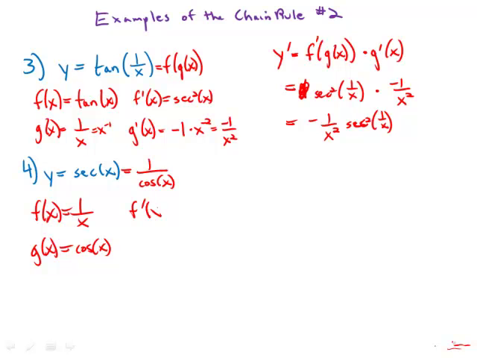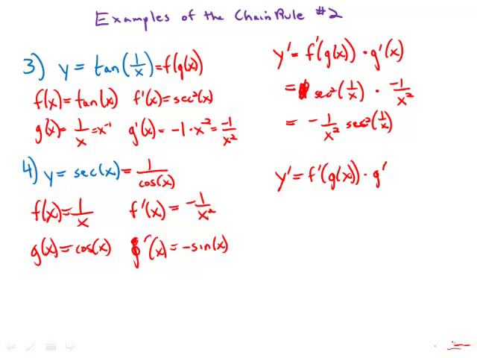So the derivative of 1 over x, as we found above, I'll just jump to the answer here, it's negative 1 over x squared. Derivative of cosine x is negative sine x. And so that means y prime, which is f prime of g of x, times g prime of x.